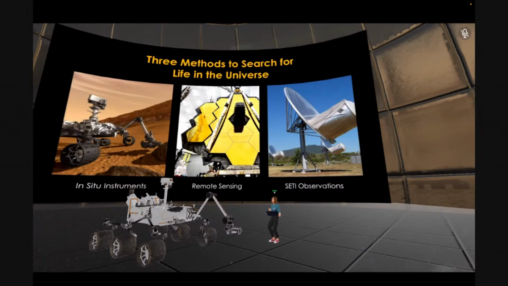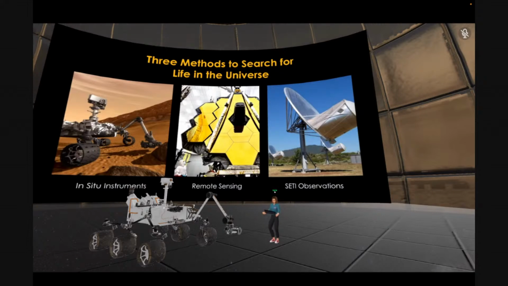Right here we have my pal Curiosity, who has been walking the surface of Mars for about 10 years now, which is really incredible under any circumstances, but especially because this rover was only designed to last for 2 years, and we've gotten over 10 years of data out of it. If you look to the top of this rover, you can see the camera on it. This camera is responsible for some of those beautiful images of Mars's surface you may have seen.